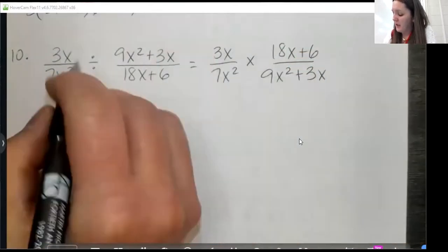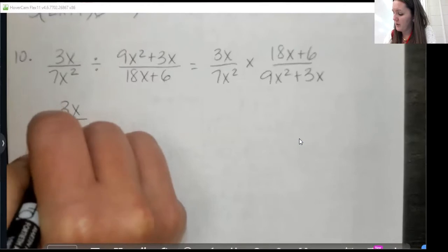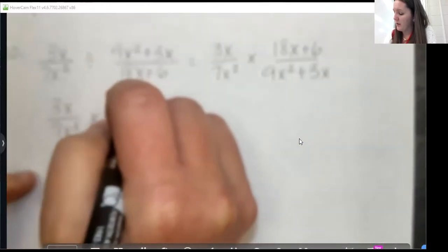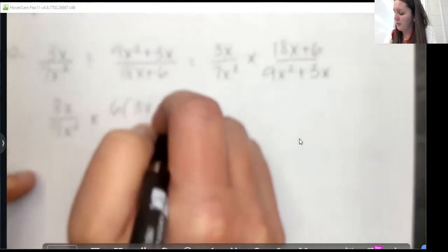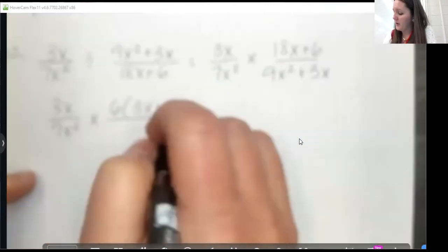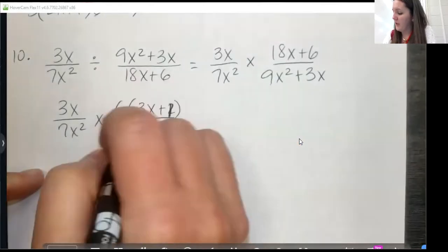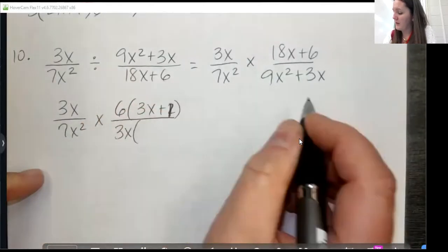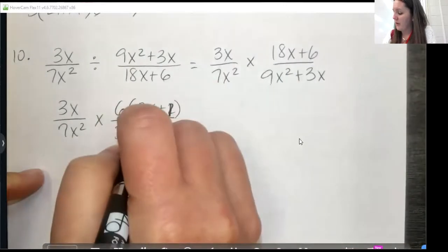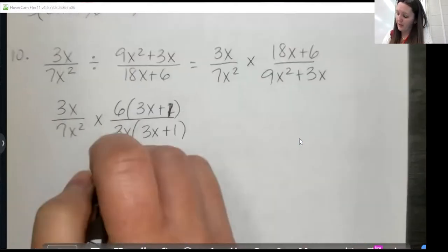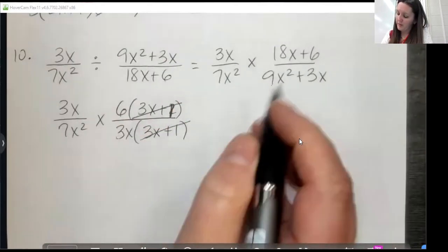Can't factor anything here. So I'm just going to rewrite it. I can factor out a 6. So I have a 3x plus 1. Oh, and I can factor out a 3 here, 3 and an x. So we have a 3x plus 1. Nice. All right. So, hey, there's a 3x plus 1, 3x plus 1.